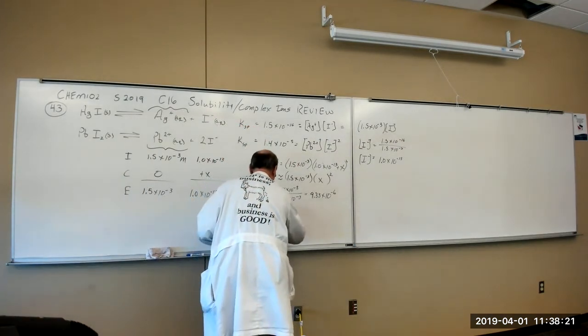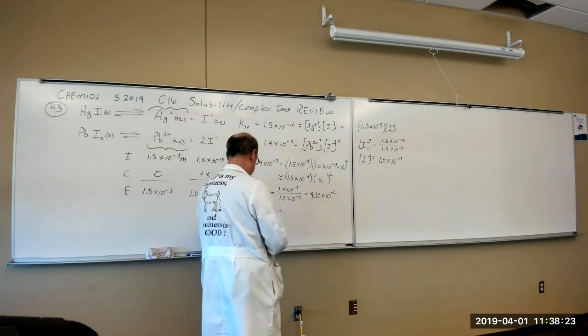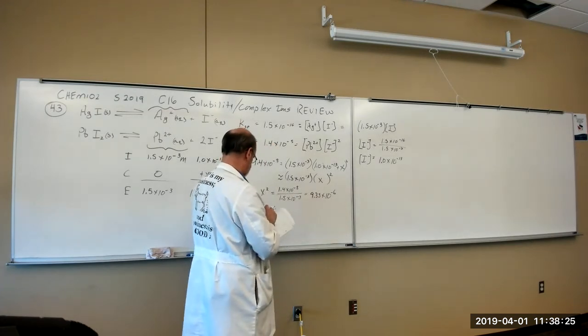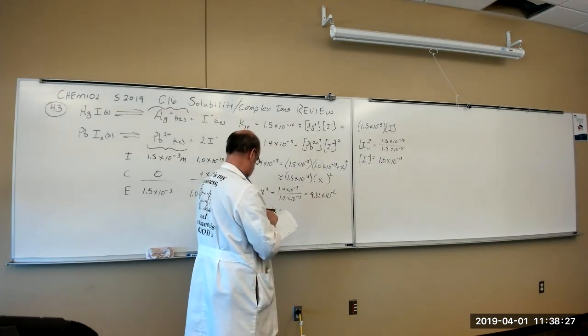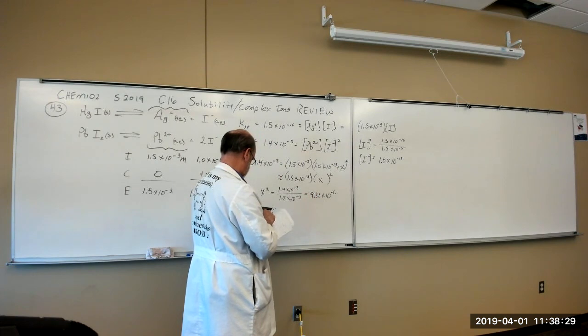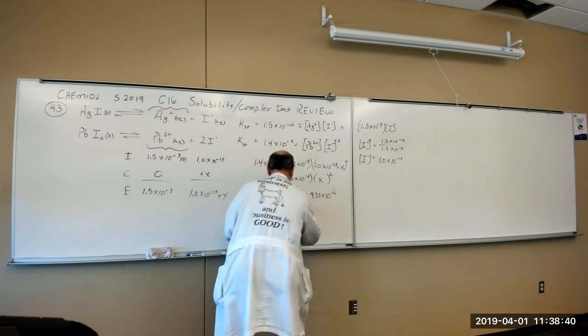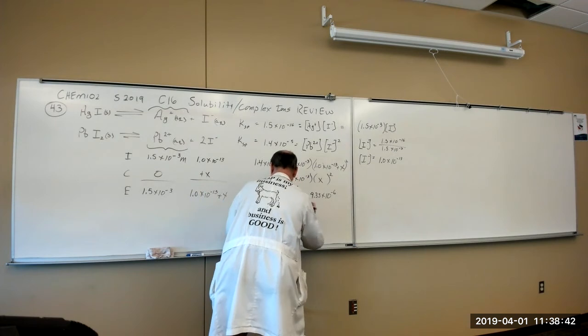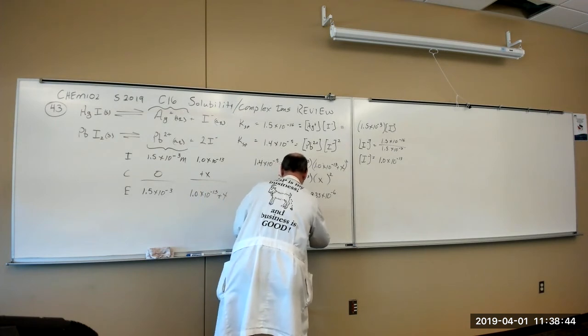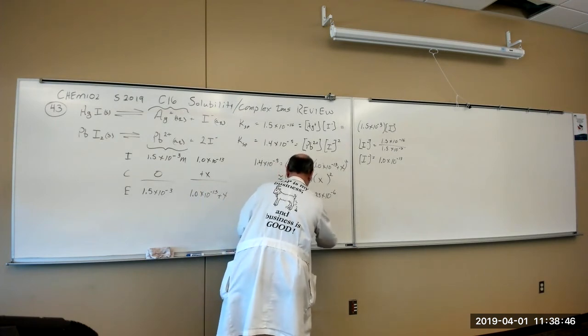And then X is the square root of that number. Square root. So I get 3.1 times 10 to the minus third.